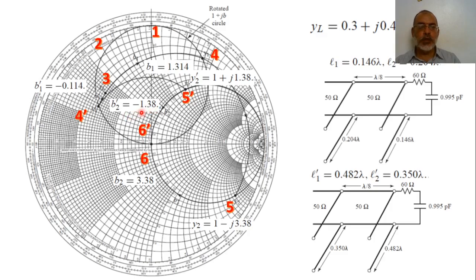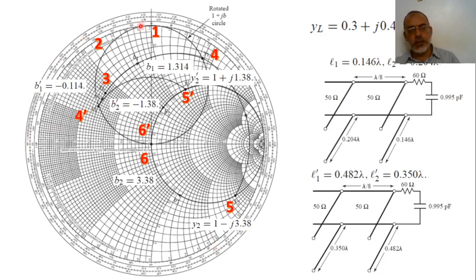On the Smith chart, this susceptance can be allocated as follows. Here is the negative imaginary part. Here is minus 1. Here is minus 1.38, at a point nearly here. So we are going to draw a line here, and because we are using an open circuit stub, we start from input susceptance equal to 0 and move half a circle, 0.25, and then after half a circle we reach the point minus 1.38.